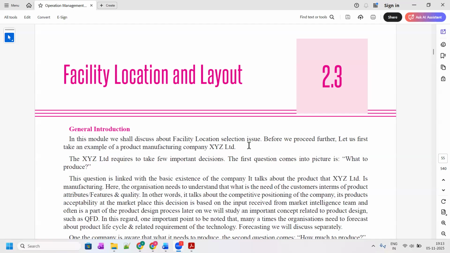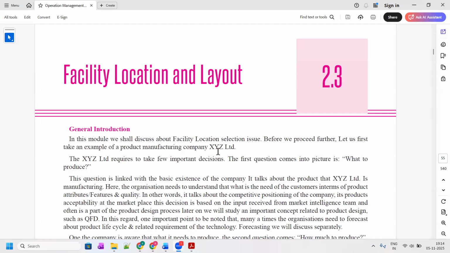We also talk about the layout, which means when you plan what component or part of the process will be done where, and from there it will move to the other part, the complete planning. Once you have the location and the machines, everything ready to be placed, you have a defined place. So the picture of how that setup would be is what facility location and layout is.